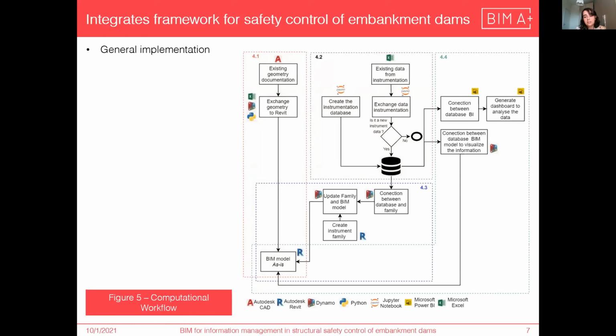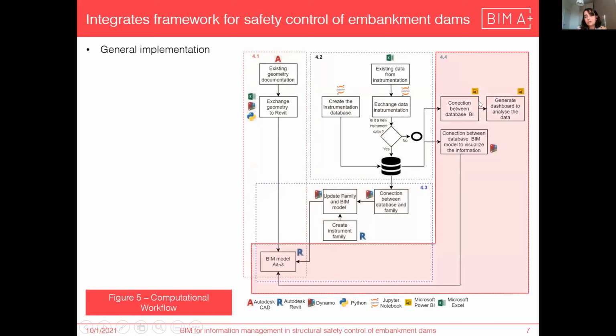The third part is the connection of the instrumentation information to the BIM model through the family that we create in the BIM model. For this connection, we use the Dynamo tool.